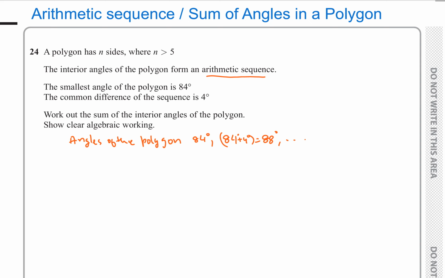So the sum of the interior angles would be the sum of 84, to n terms.